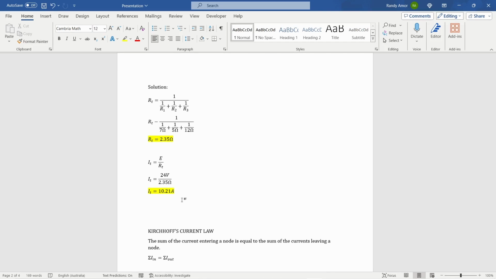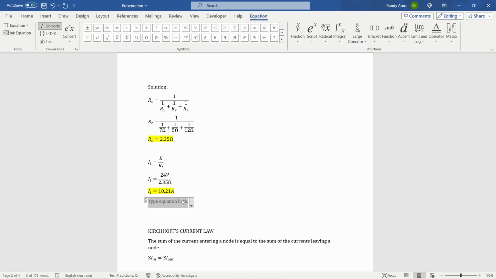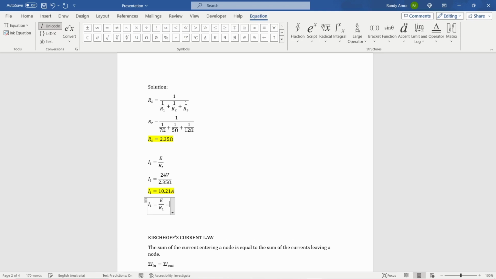Now, in order to find the individual currents through each resistor, we can also use Ohm's law. Let's say for I1, it will be equal to E divided by R1, which is 24 volts divided by 7 ohms.